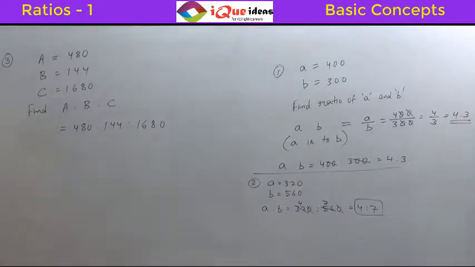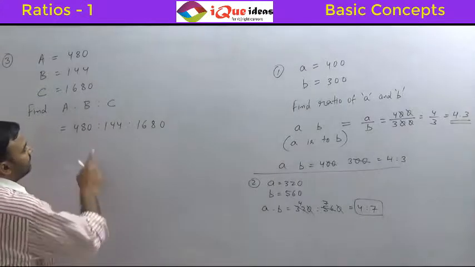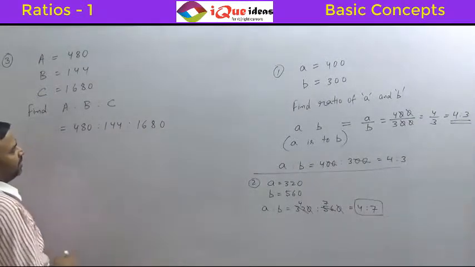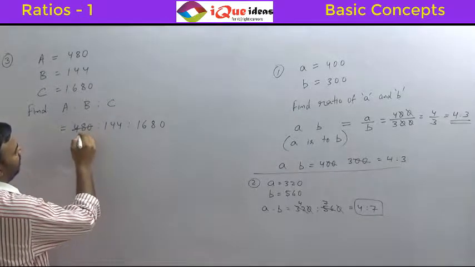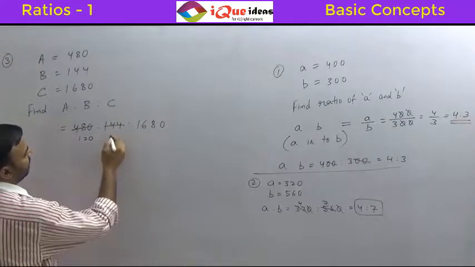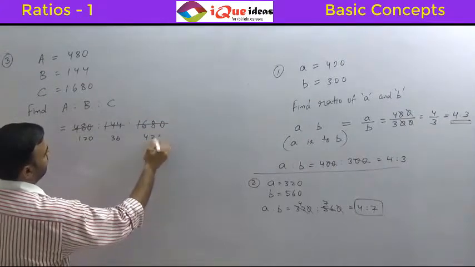Then cancel all the common factors if there are any. For example, 10 is common to these two but not in this one, so we cannot cancel it. The simplest that you can start with is 4. If you divide 480 by 4, you will get 120. Then 144 by 4, you will get 36. 1680 by 4, you will get 420.